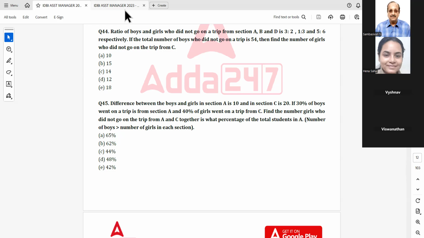Find the number of girls who did not go on the trip from A and C together, as a percentage of total students in A. So what is the question they are asking? Find the number of girls who did not go from A and C together. Number of girls from C, how many? 30.